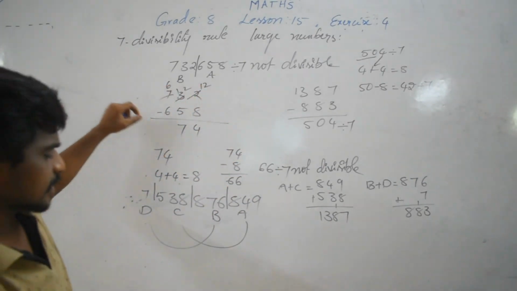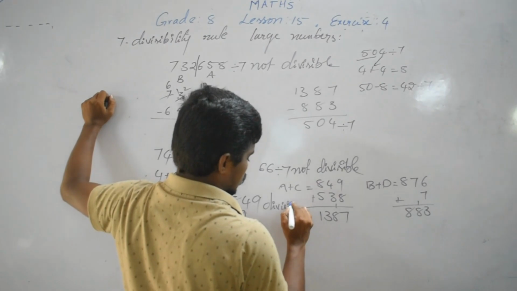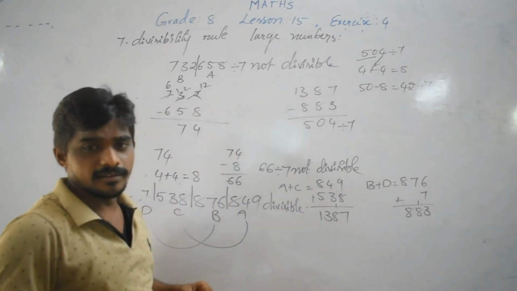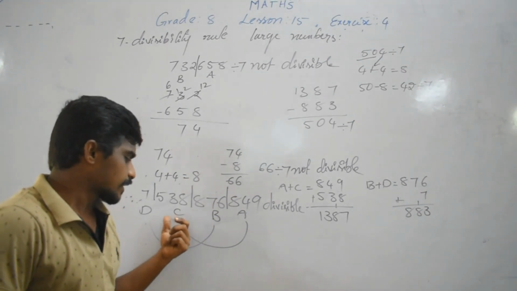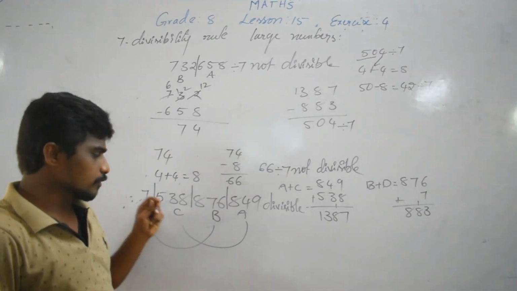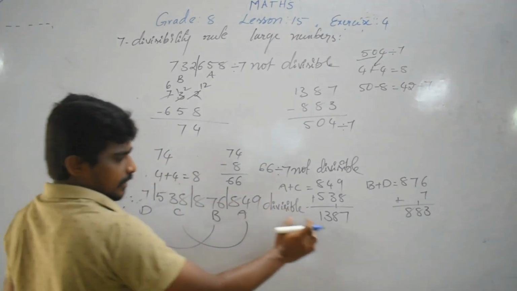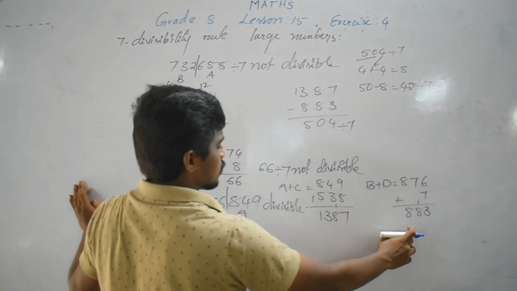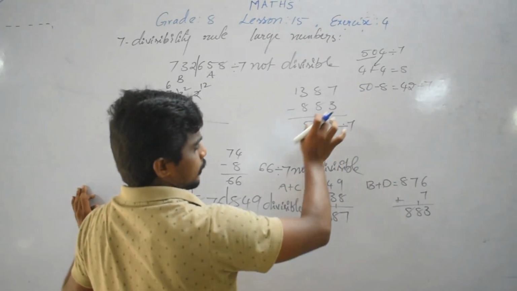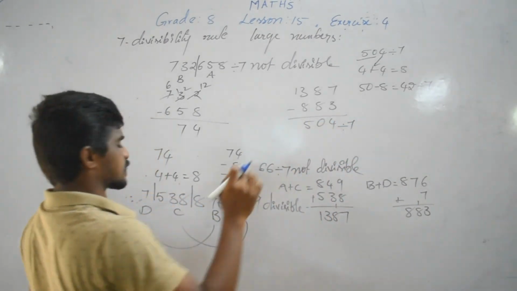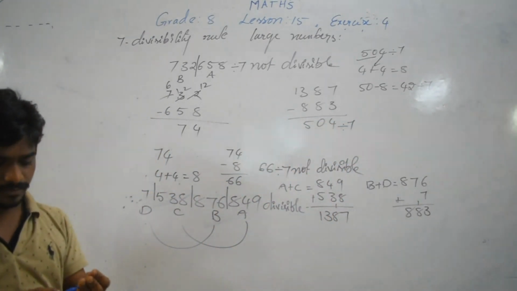So this number is also divisible. Are you clear? If 3 groups come, there is no D, so take A plus C, subtract B, and check whether the difference is divisible by 7. You can do it like that. Write this one.